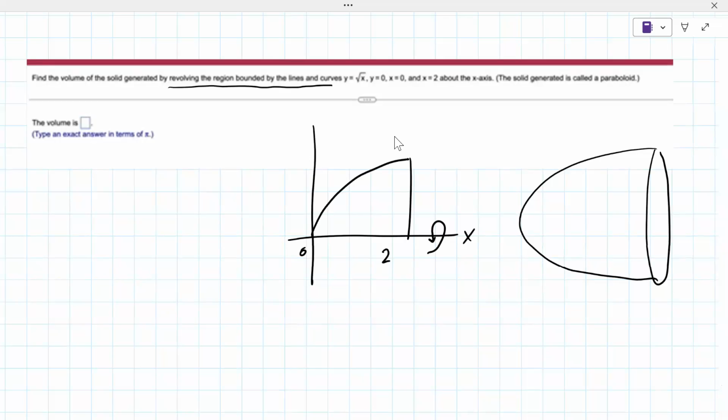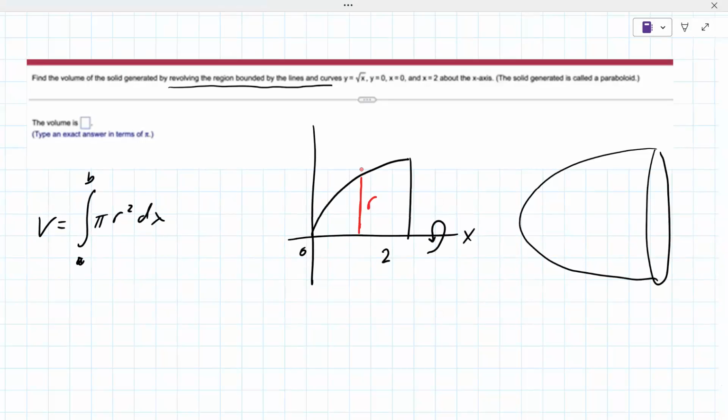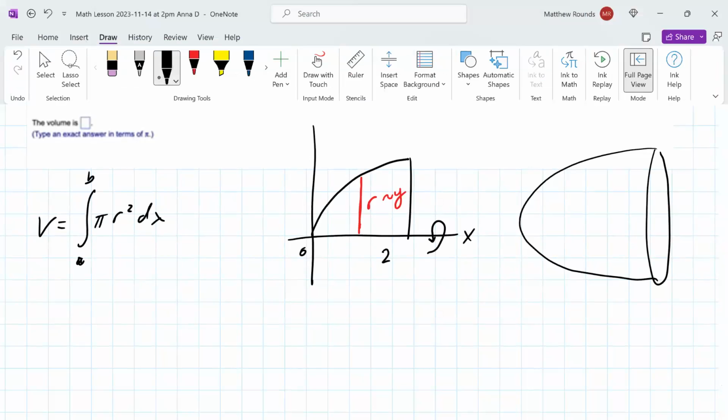So the volume here has a specific formula. It's integral from a to b pi r squared dx. So your r is this right here. It's really y. You can really think of it as y in the problem. That's your r there.